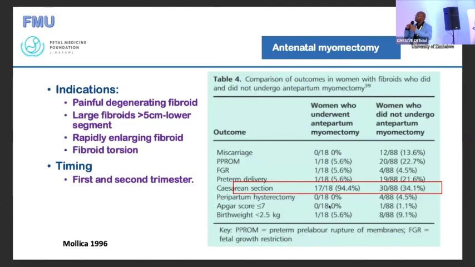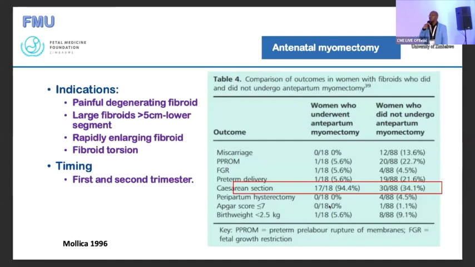Antenatal myomectomy. When is it indicated? In a patient who has painful degeneration of fibroids, large fibroids greater than 5 centimeters in the lower segment, rapidly growing fibroids with torsion.